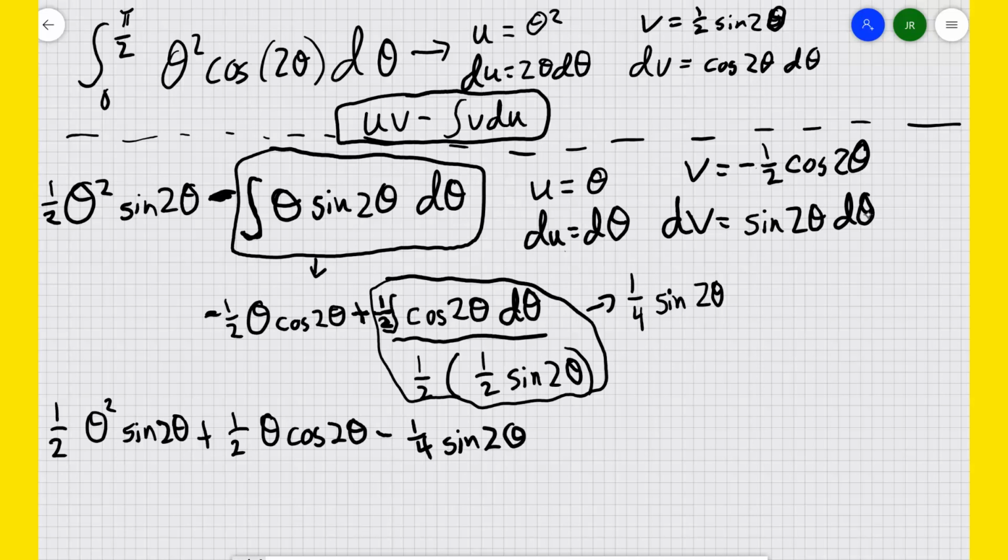See this negative sign right here applied to all of that. That's why it became a plus 1/2 and why it became minus 1/4.